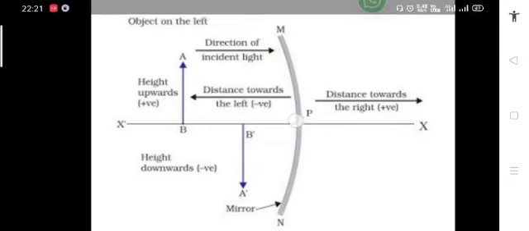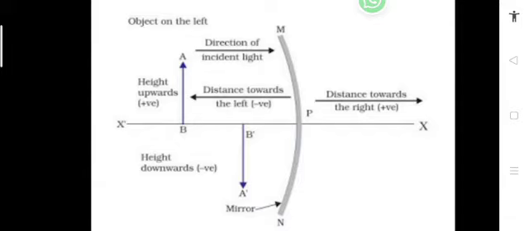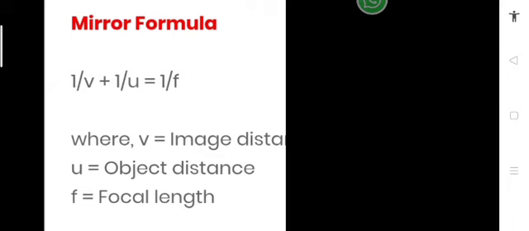And one thing: the pole of the mirror, either concave or convex, is always placed at the origin. So distances to the left side are negative and distances to the right side are positive.